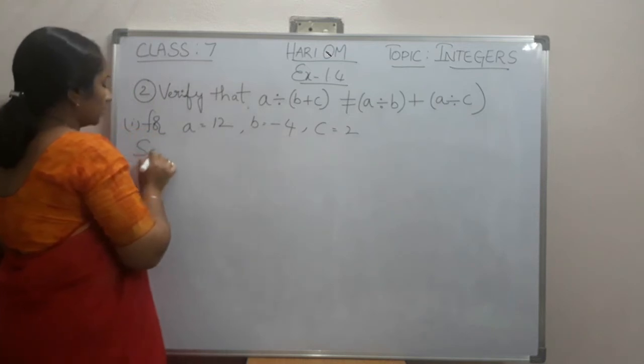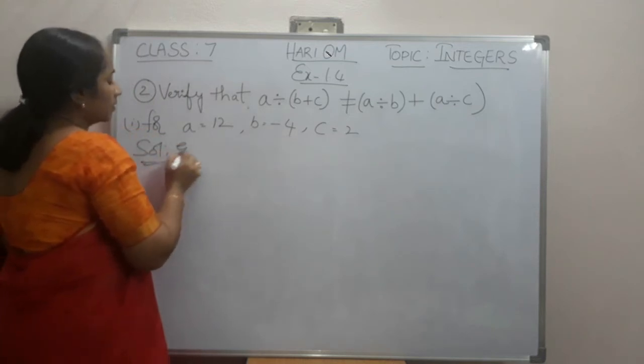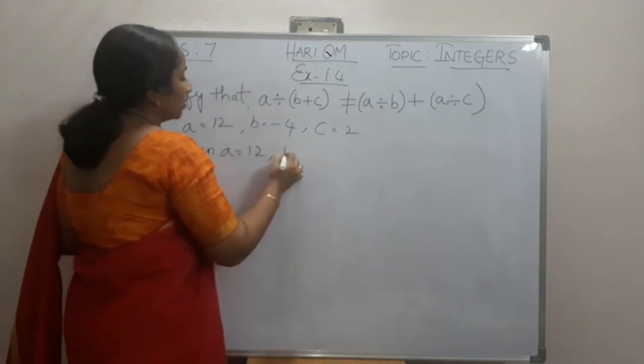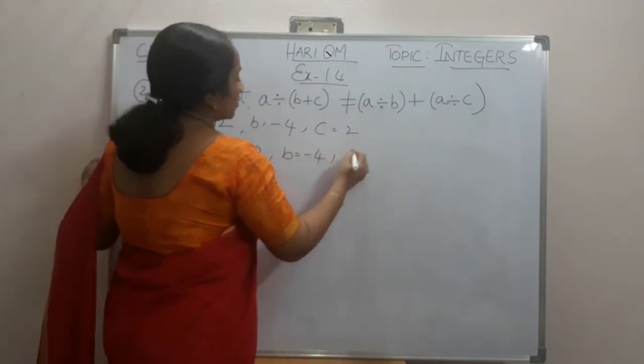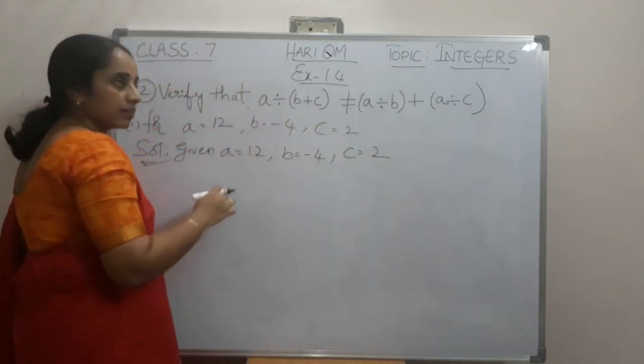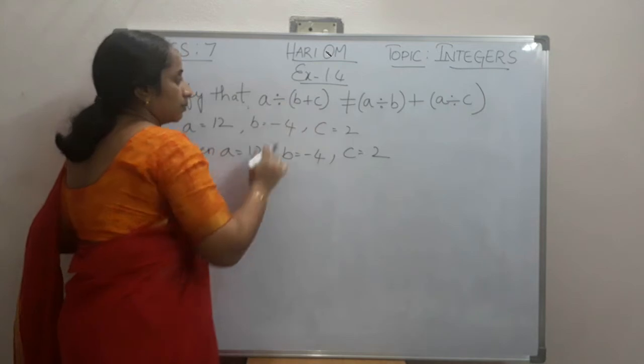Write that given a is 12, b is minus 4, c is 2. Now we should check this statement. First I will take the LHS part, that is the left hand side part.